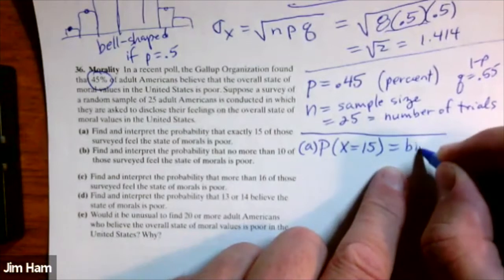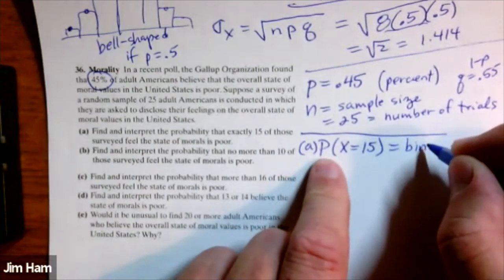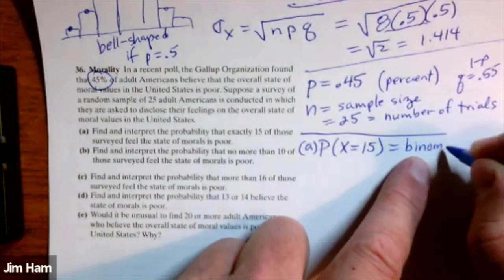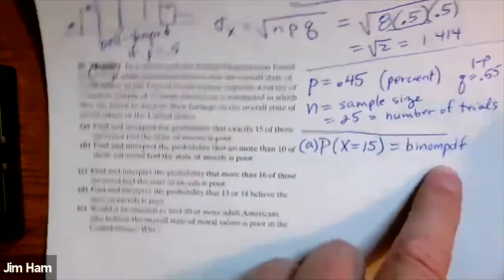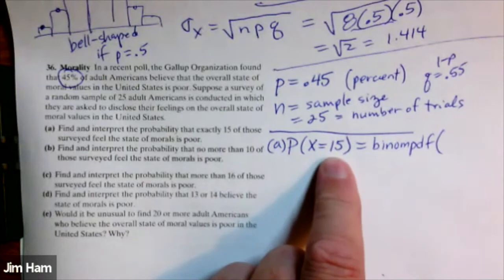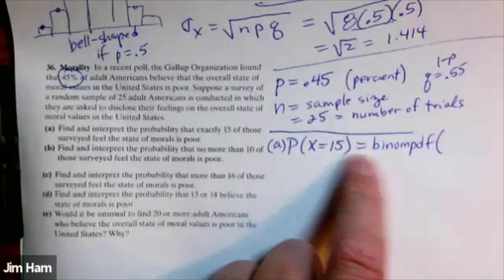Then it's a probability, so we're going to use this notation, and we're going to use binomialpdf. We use the PDF version of this function because it's at a single X value, 15. It's not less than or equal to 15 or greater than 15. It's exactly equal to that one value.